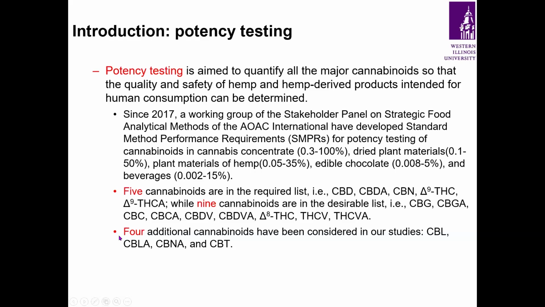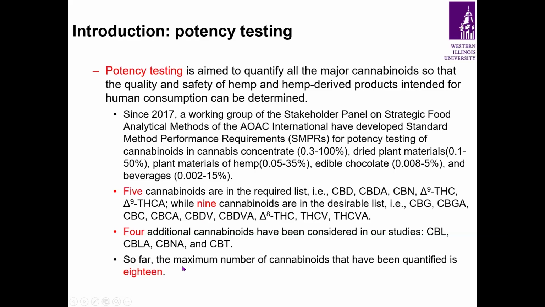In our study, we consider an additional 4 cannabinoids because CBNA and CBT were often found in the samples. However, CBL and CBLA were occasionally found in the samples. So far, the maximum number of cannabinoids that have been quantified is 18.